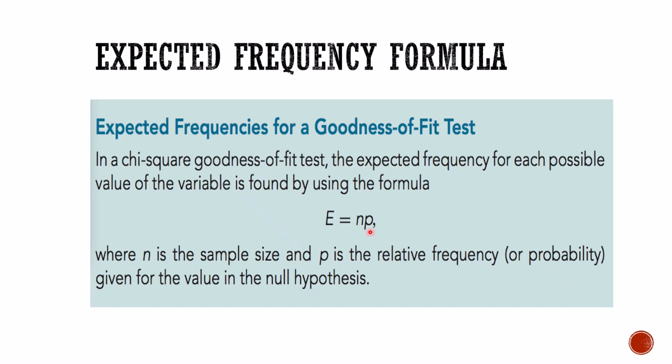We will have to convert that to frequency values using this particular formula, N times P. So this is going to be the first step in the calculation of a test statistic chi-squared value. We first have to list all our observed frequencies and then calculate all our expected frequencies, and then we have to take the difference between the two and go through the entire process based on the chi-squared formula to come up with a test statistic chi-squared value.